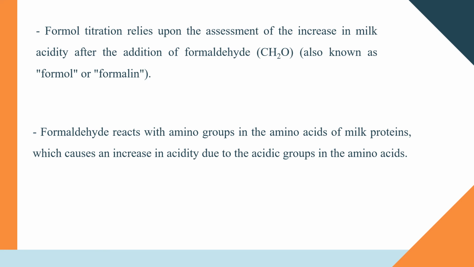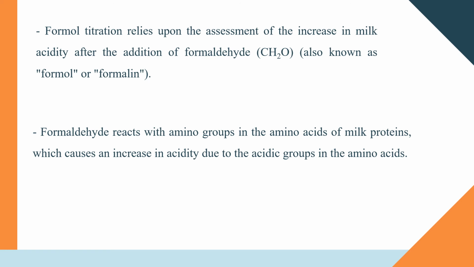So all you need to do when you carry out a formol titration is to take a defined volume of milk, let's say 10 ml, and neutralize the natural acidity of milk using sodium hydroxide, and then add formaldehyde for a few minutes.